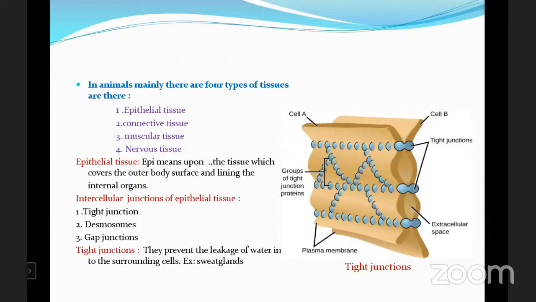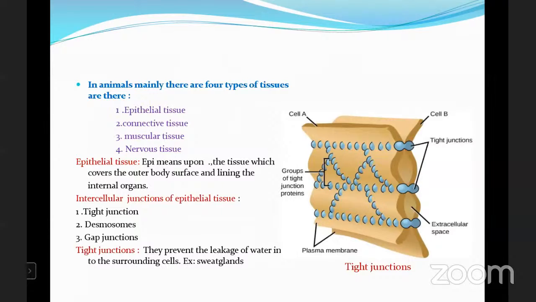So regarding epithelial tissue, here we are observing the intercellular junctions of epithelial tissue. Means they are present at the place of epithelial regions only, but we give different names according to their structure and function. The first one is the tight junction, the second one is the desmosomes, and the third one is the gap junctions. Okay.